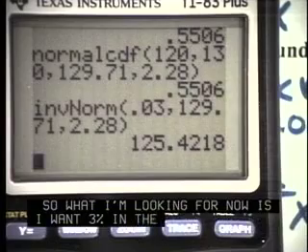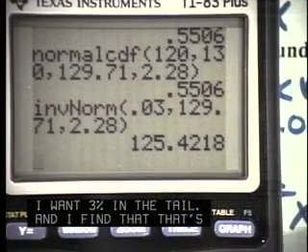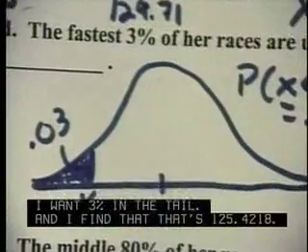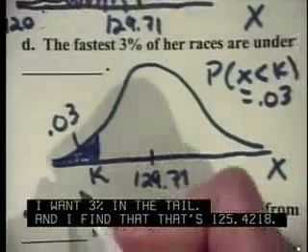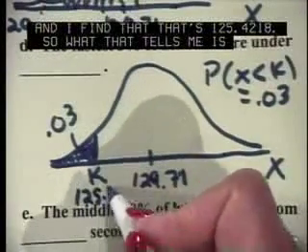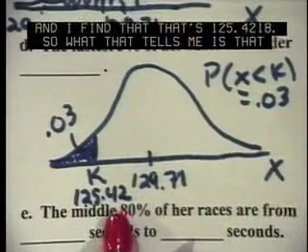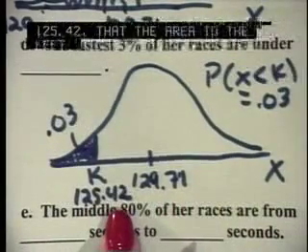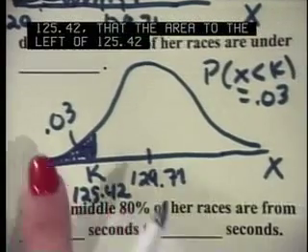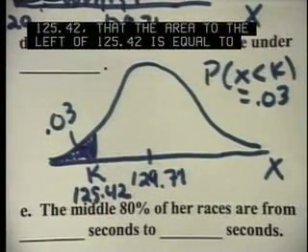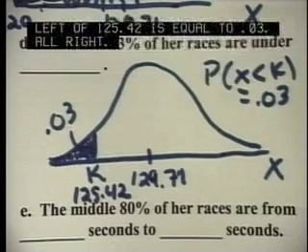And I find that that's 125.4218. So what that tells me is that the area to the left of 125.42 is equal to 0.03. All right, we're going to do one more.